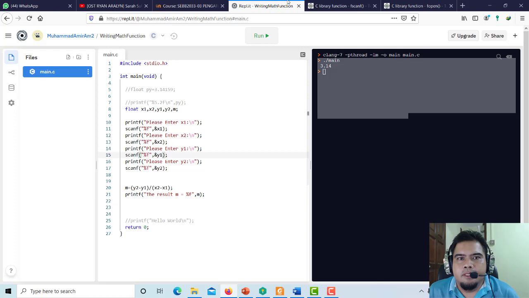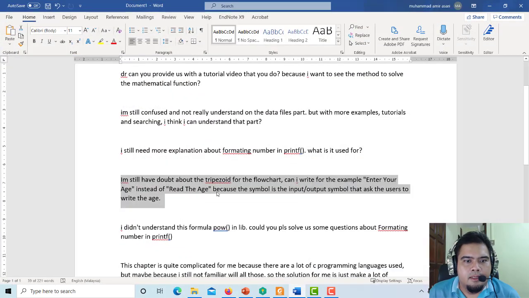Okay, so the question says: enter your age instead of read your age, because the symbol is the input or output symbol, thus asks the user to write the age.